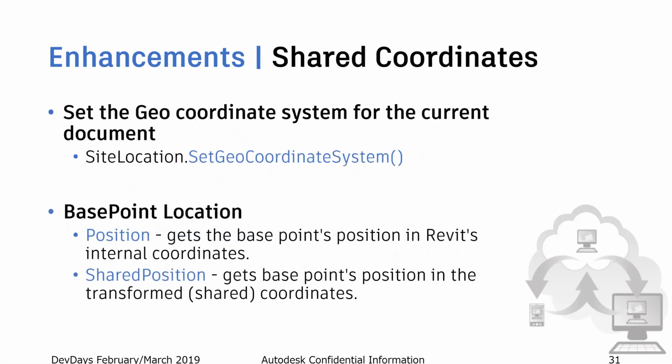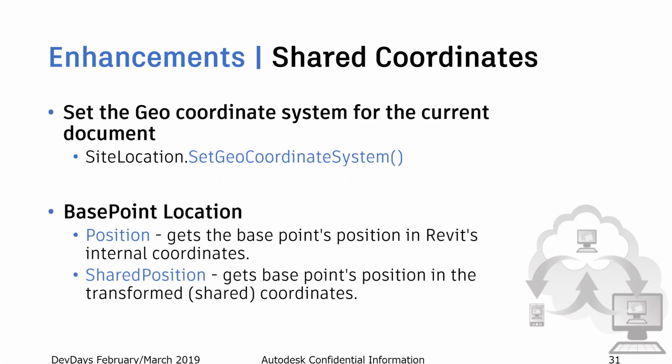Other enhancements, as we continue to do more integrations between our infrastructure customers and our design customers and our building customers, we are starting to see more and more enhancements in areas. So not only topography is getting enhanced, but we're also enhancing the coordinate systems.